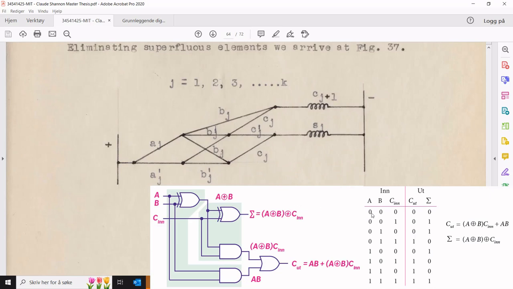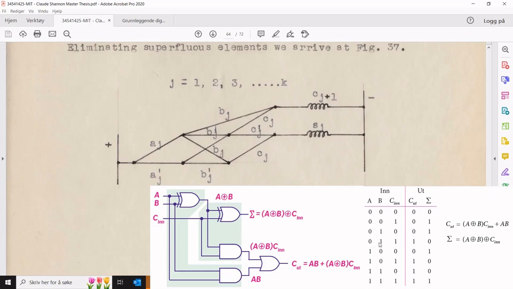And here is the truth table that is taken from a textbook, and we see that if all of a, b, and c in are 0, we get nothing out. If b is equal to 1, we get something out here on the sj.